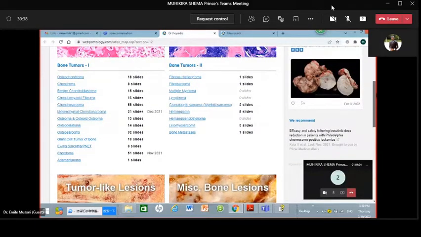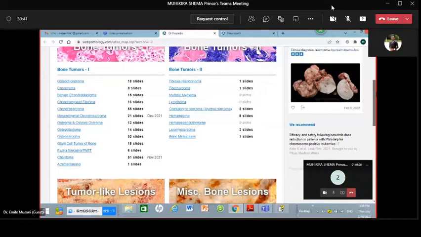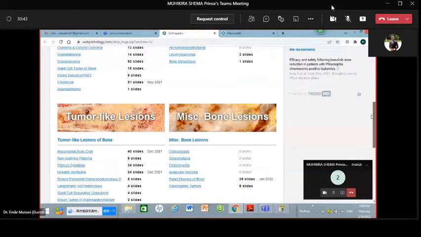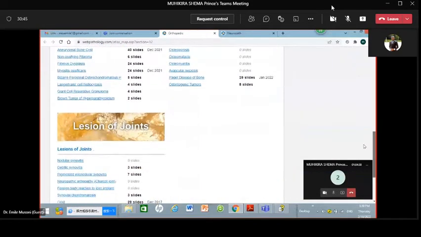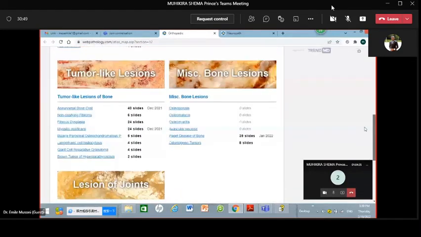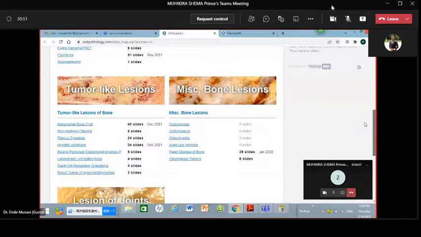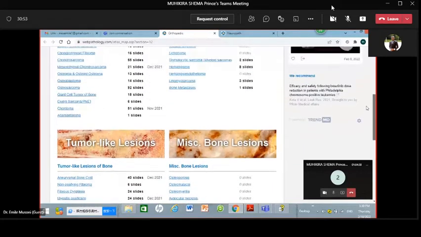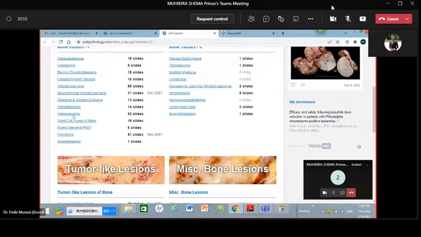You can see ossifying fibroma. Now let us see the common osteosarcoma.